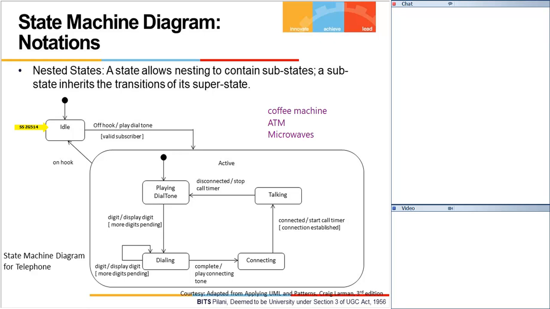So initially the printer is idle. The moment it gets some input, it goes into a ready state or maybe a printing state. And once it has completed printing, it comes back to the ready state, right? And then there is an event that might occur which tells that the printer is out of ink, right? So then it goes into an out of ink state, and then there might be a case where the printer is out of paper.